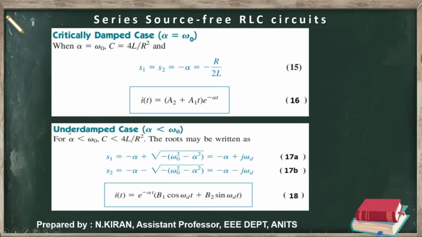In the third case, the underdamped case, when alpha is less than omega naught, the roots will be complex. In this case the response will be I of t equals e power minus alpha t into (b1 cos omega t plus b2 sin omega t), where b1, b2 are constants.